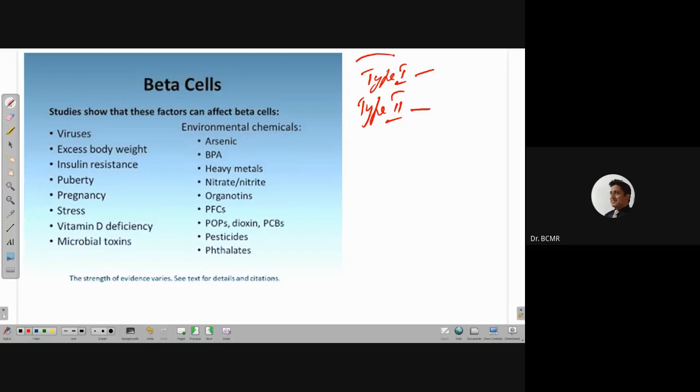Basically in type 1, there is some problem with beta cells. As I was discussing in the last class, there could be multiple problems that could affect beta cells, something like viruses or obesity or excess body weight, and many things, even insulin resistance also. I hope you remember when I spoke about type 2 diabetes.